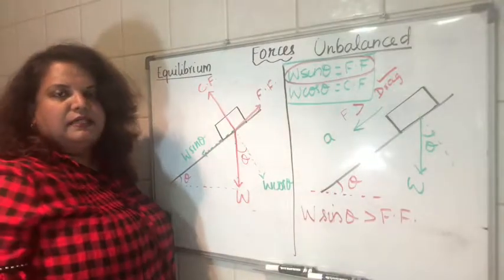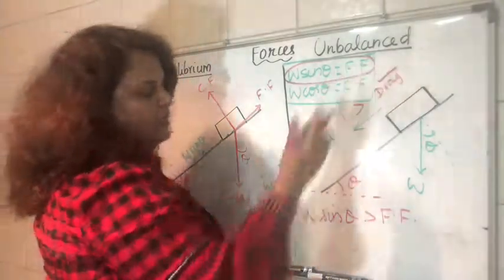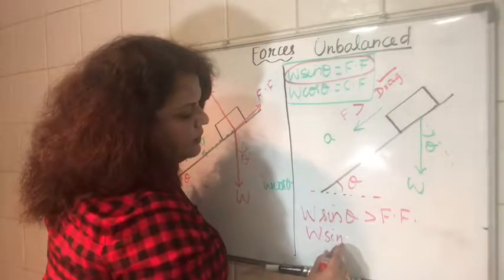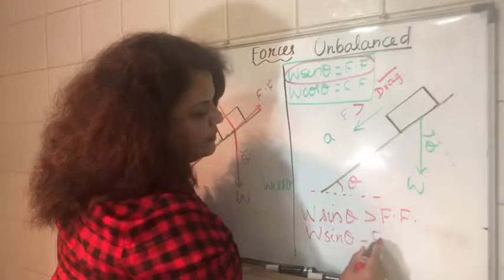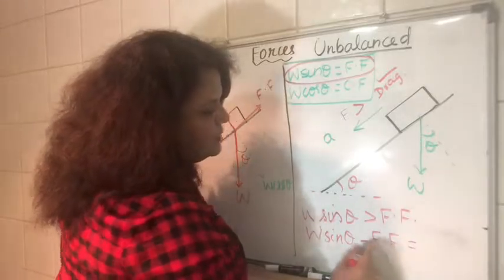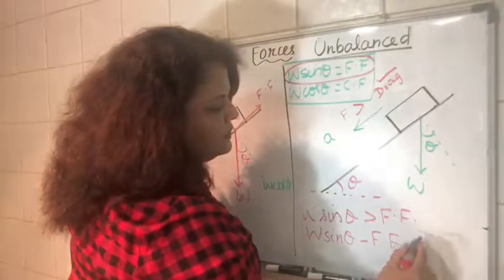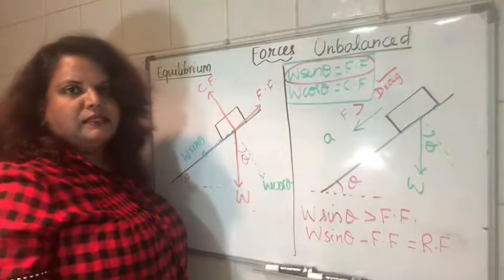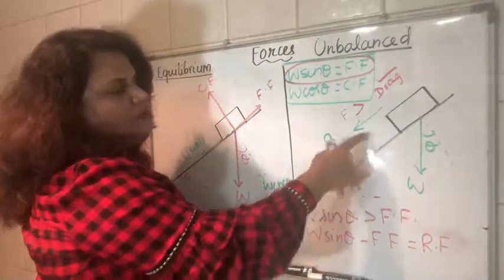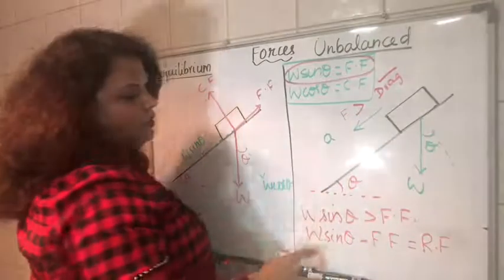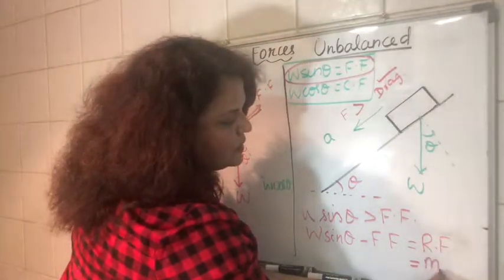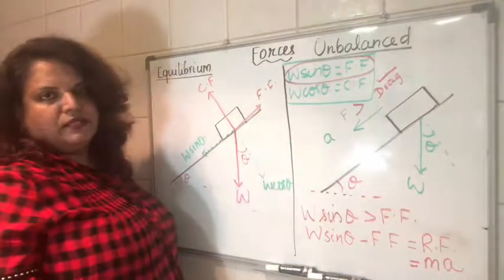I've identified that. Then how do I put it into an equation? Here, W sin theta minus frictional force. This difference will be equal to the resultant force, correct? So this component minus the opposing force will be equal to the resultant force, which will be equal to mass multiplied by acceleration of the object.